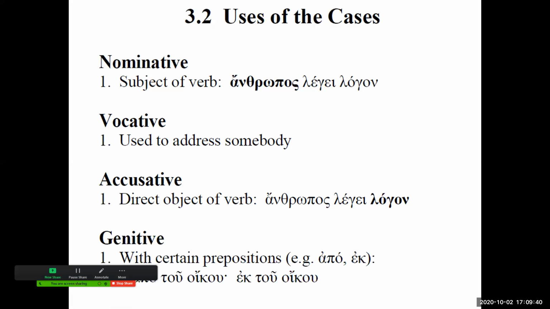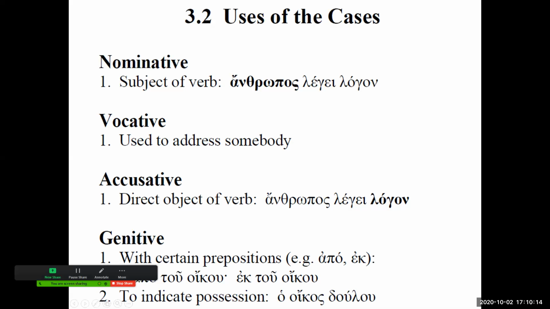And the genitive case is used with certain prepositions, apo and ek. You'll notice that we have some prepositions introduced to us in vocabulary 3.2. Apo and ek both mean from, a little bit different emphasis and idea. Apo tou oikou, ek tou oikou, both have the genitive case endings afterwards. Notice also the article.